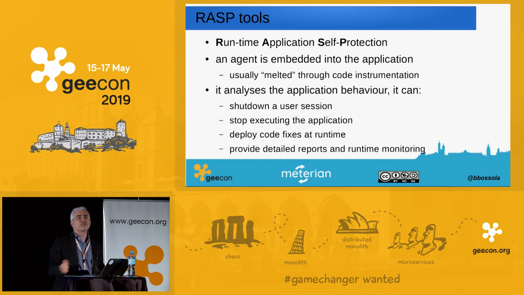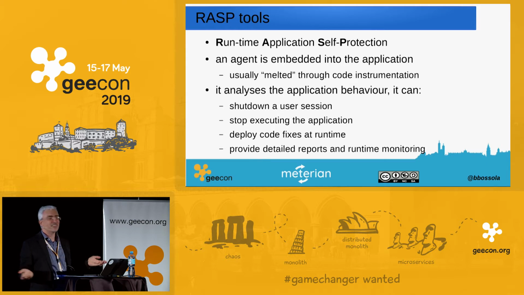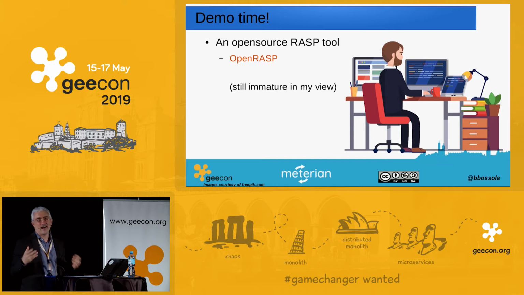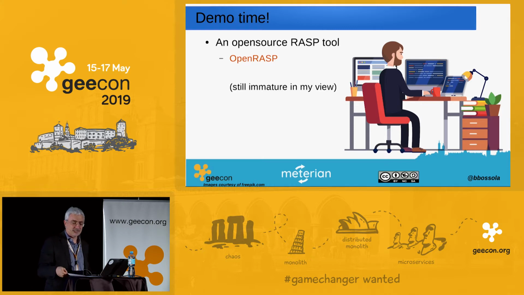So if they are so cool, why aren't there so many of them? Well, because they're kind of complicated. They're not easy things. The only one that I found in open source which is still being developed is OpenRASP, which is unfortunately by Baidu. Not because it's bad, but because it's a Chinese company, so people tend not to trust code from China, and that's a problem they have in supporting the project.